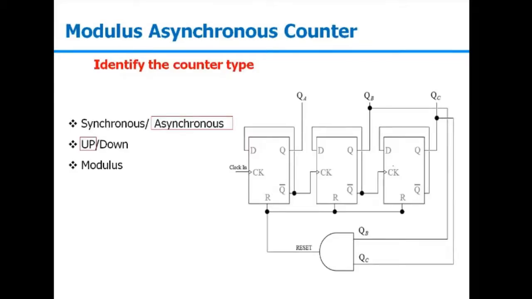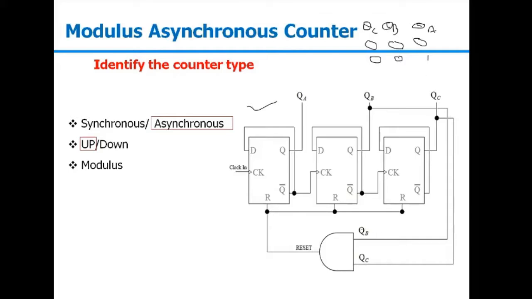Now what is the modulus? See, how will you find the mode? Generally we have Q0, which is my LSB, so we have Q0 or QA, QB and QC. Now, if this is an up counter, it will be counting from 0, 1 and so on.